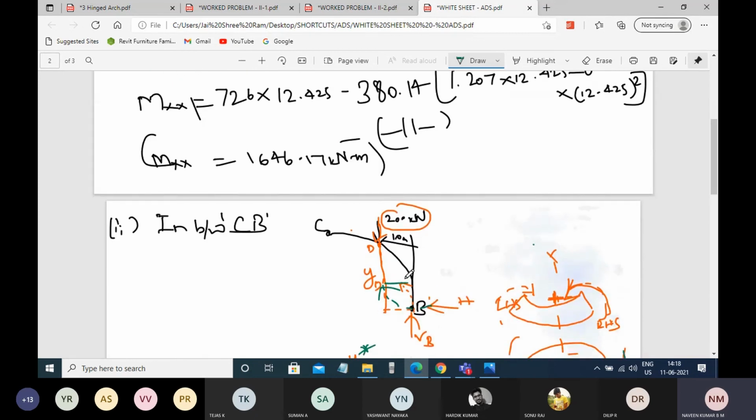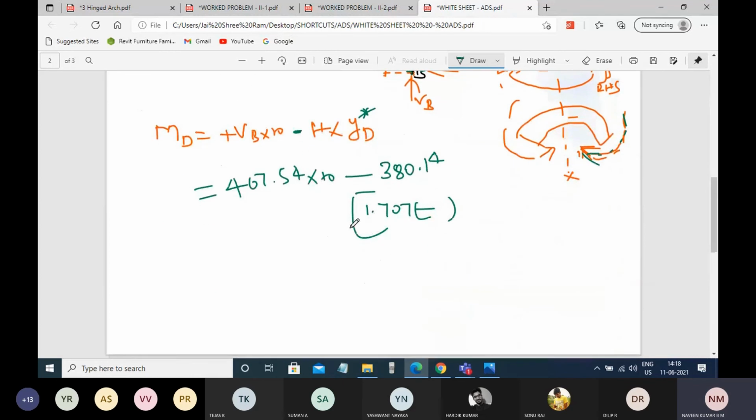Now x equals 10 meter, right? x equals 10 meter, because the horizontal distance from B to D point is 10 meter. So here it is 10 meter. So minus 0.024 times 10 squared.